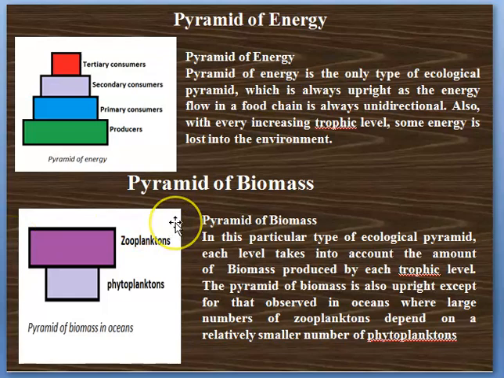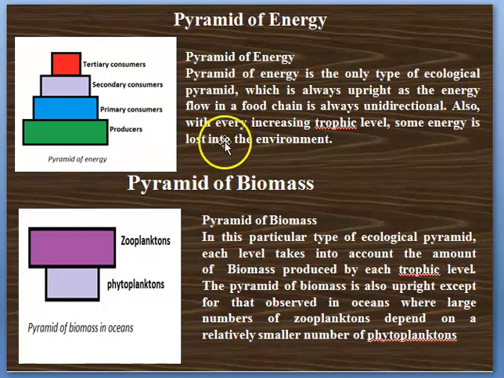Now we will see the definition of the pyramid of energy. The pyramid of energy is the only type of ecological pyramid which is always upright, as the energy flow in the food chain is always unidirectional; it comes from one place, it doesn't come from all throughout.